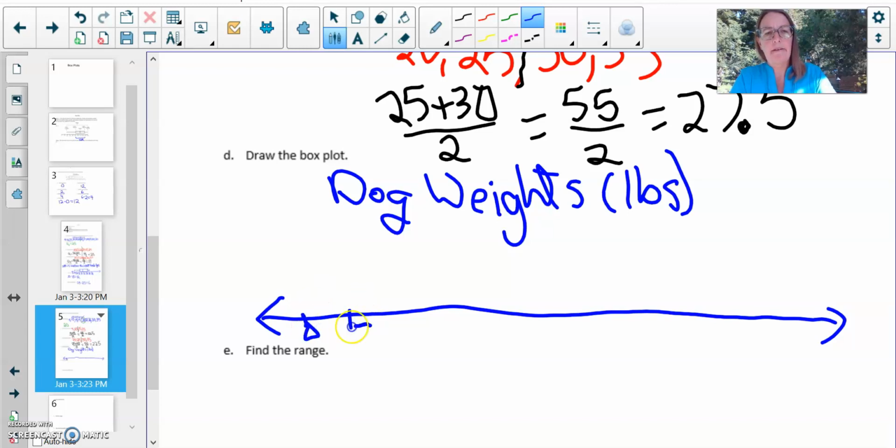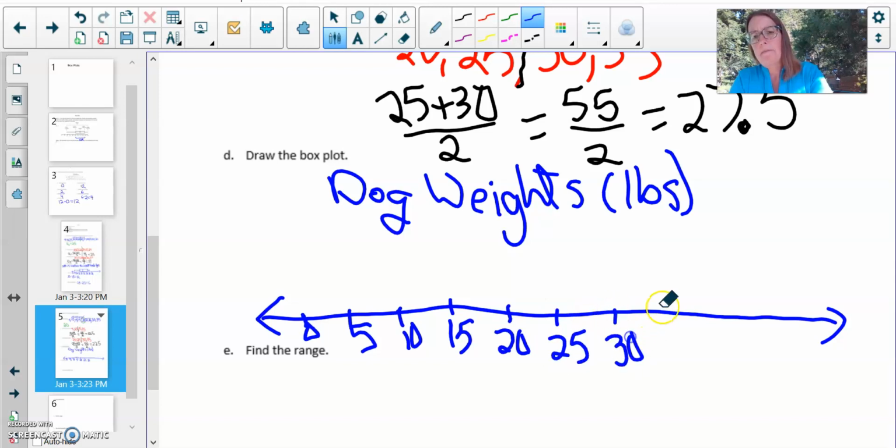So 0, 5, 10, 15, 20, 25, 30, 35, and 40. And again, when I draw my box plot, I like to start with the box itself.